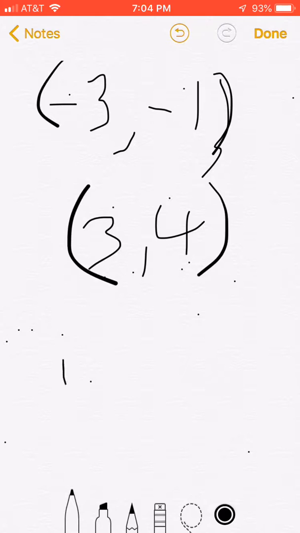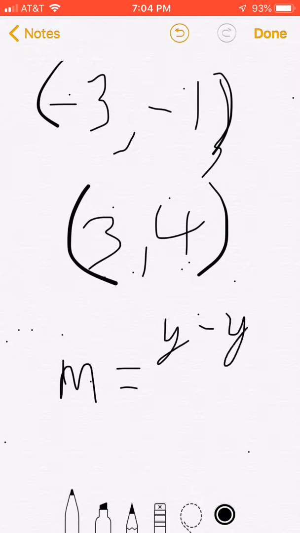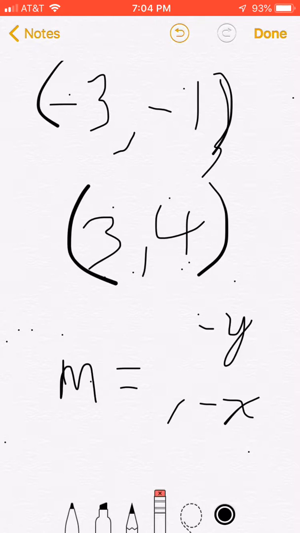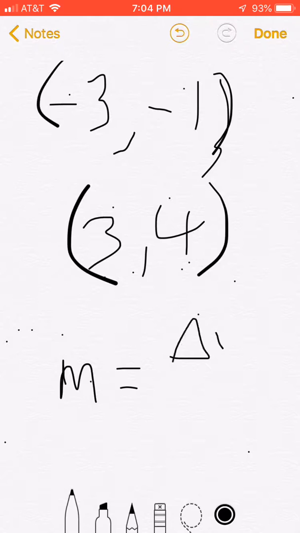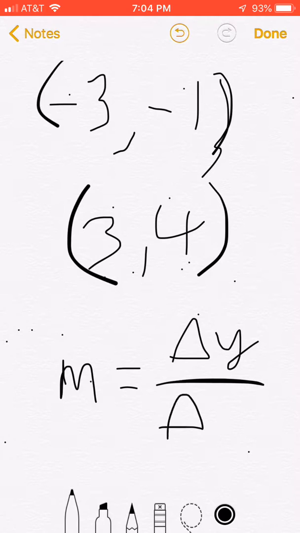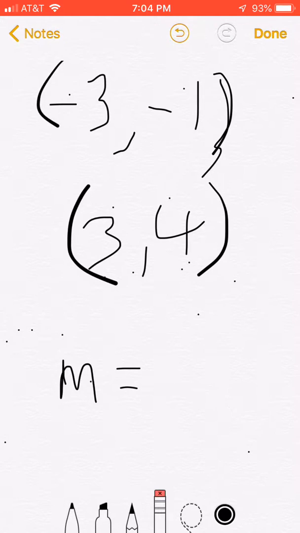Basically, the formula to calculate the slope is always going to be m equals y minus y over x minus x. Another way to represent that, and how mathematicians represent it, is triangle y over triangle x. It basically means the same exact thing. So let's try it out.